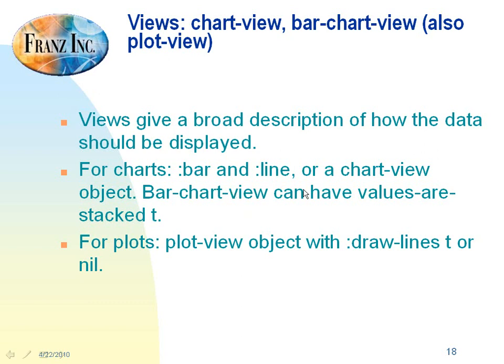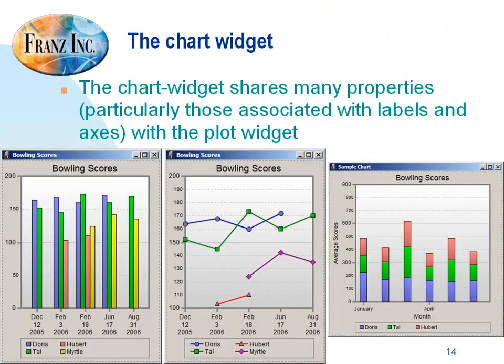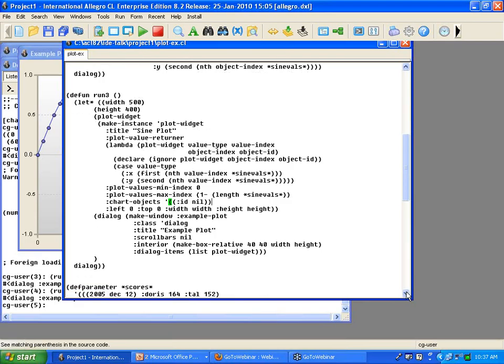Bar chart view is if you have a chart view object, you can also have a bar chart view, and that's where you can have the property values are stacked being t, and that will produce that bar chart that we saw back here, where it takes the three values and adds them up rather than displaying them as separate charts.